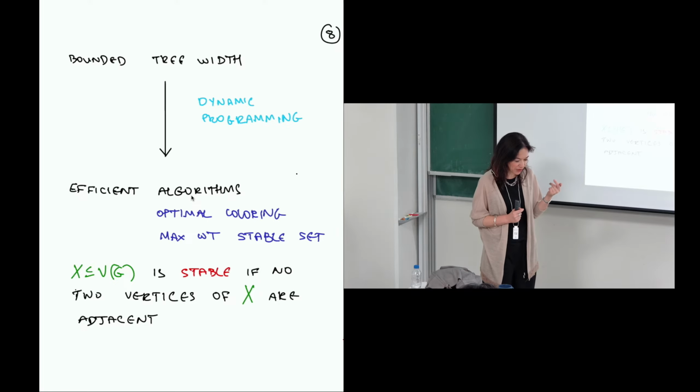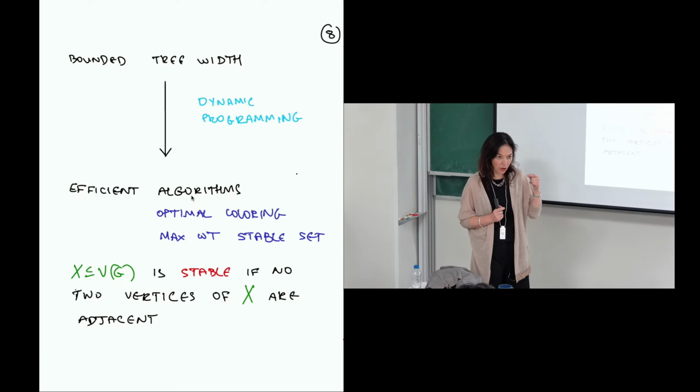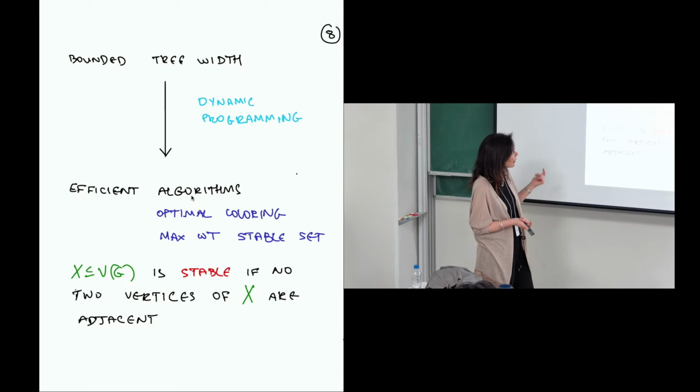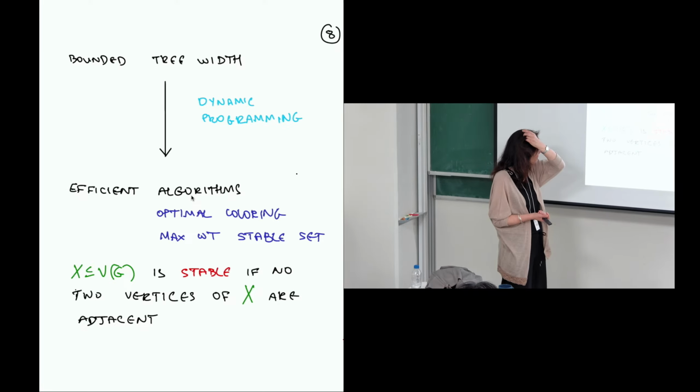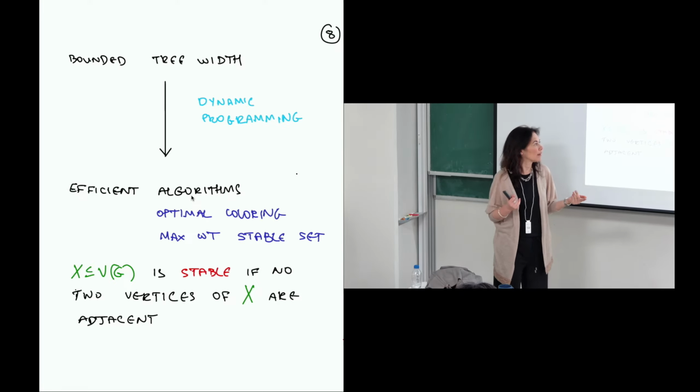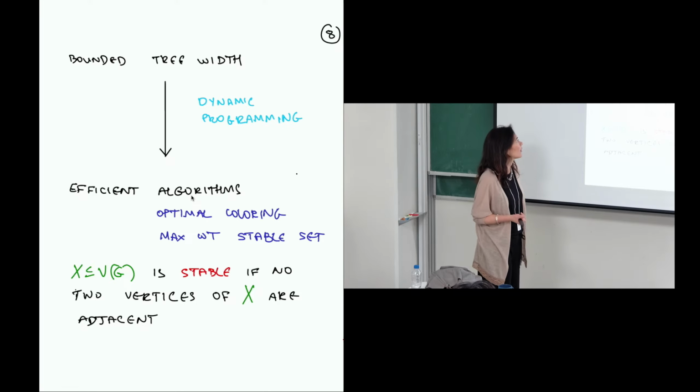By efficiently I mean it's going to be polynomial in the number of vertices of the graph, where the degree depends on the width of the decomposition, but not on the graph. So what problems can you solve? Well, for example, you can find the stability number, the biggest stable set, optimal coloring, all kinds of things.